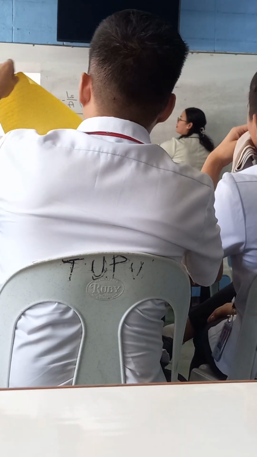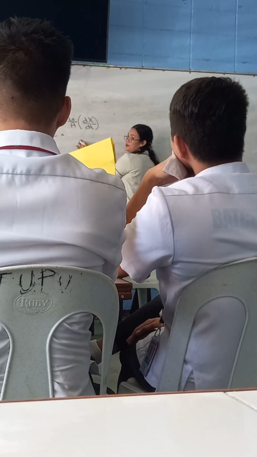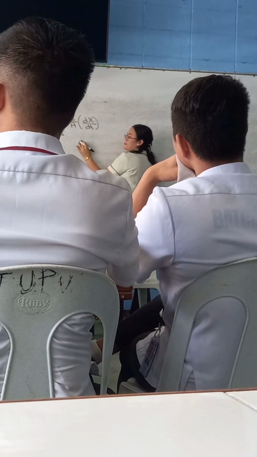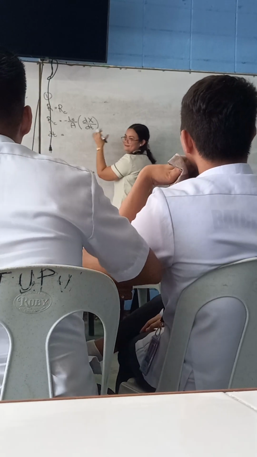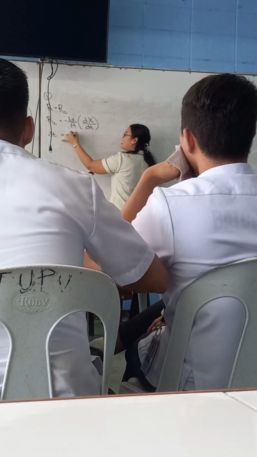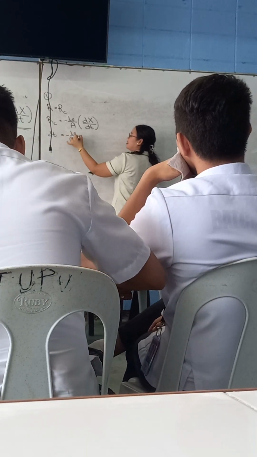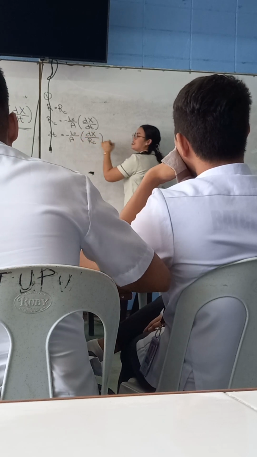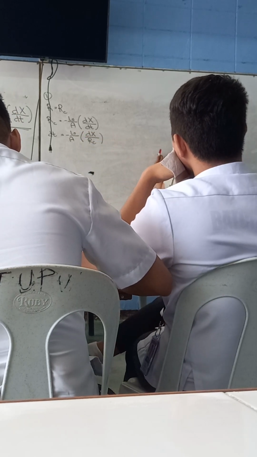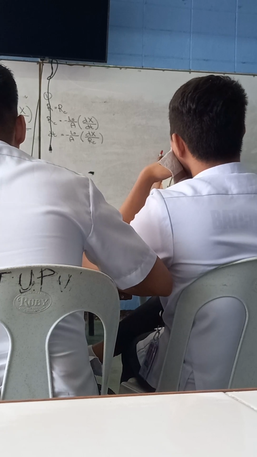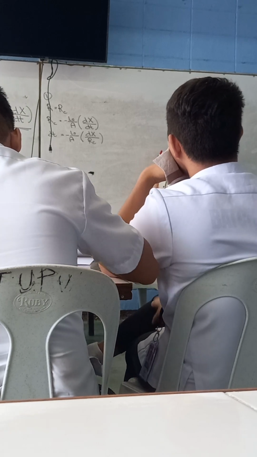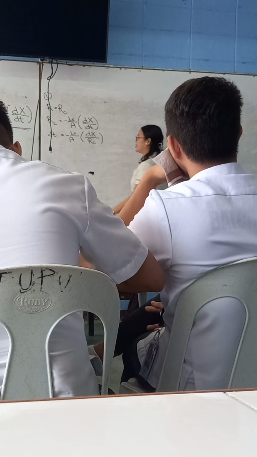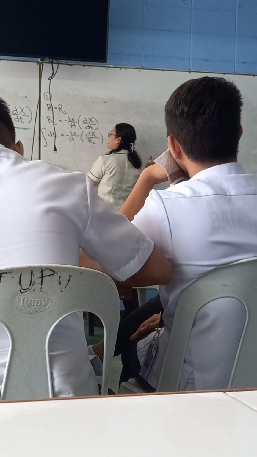RC times dt is equal to negative LS over A times dx. So we have dt equals negative LS over A times dx over RC. Now, can we do our calculations kung may mga t pa kita? Hindi. So, we integrate.